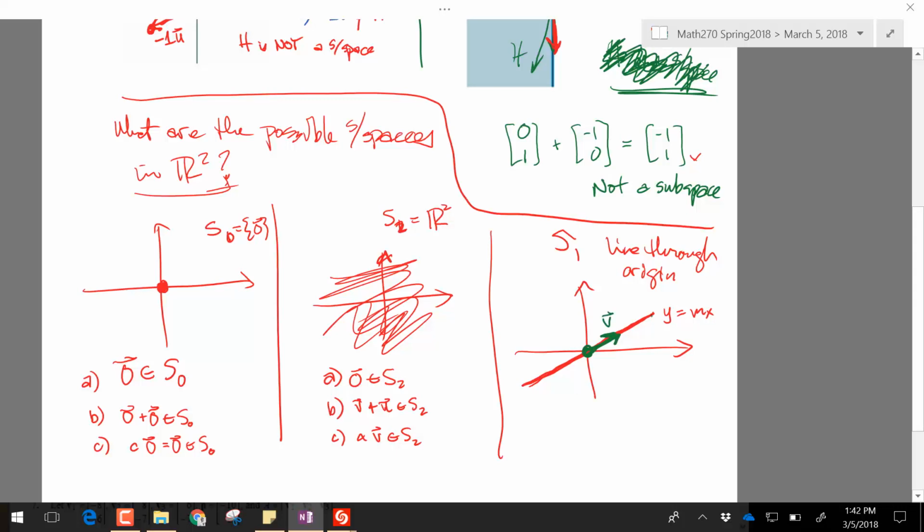Then anything in the subspace will be a scalar multiple of v.